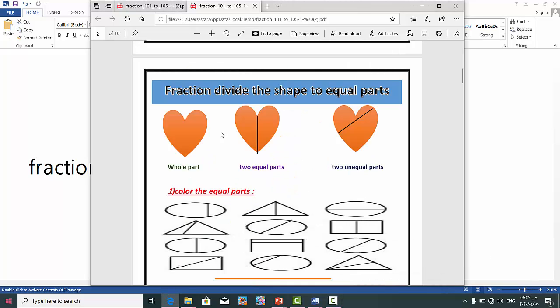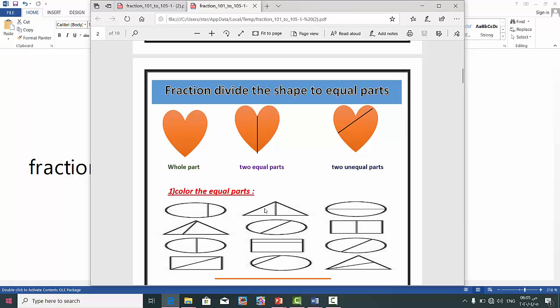Here, teacher, a fraction divides the shape into equal parts. Here I have a whole, but here I have two parts. Is this a fraction? No, teacher, because these are two unequal parts. It's not equal parts. Okay? If I ask you to color the equal parts, is this equal parts?